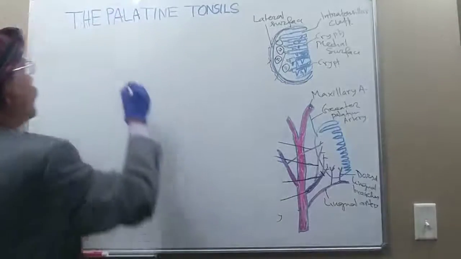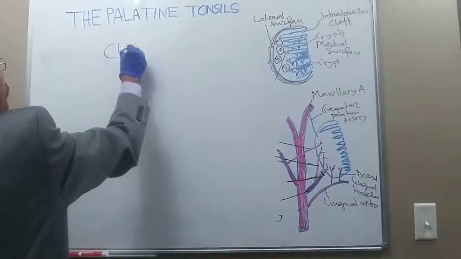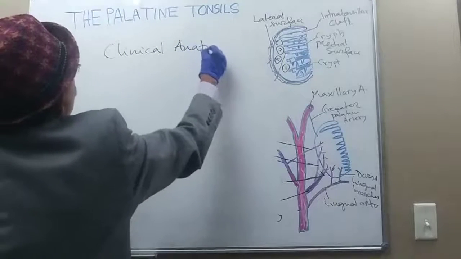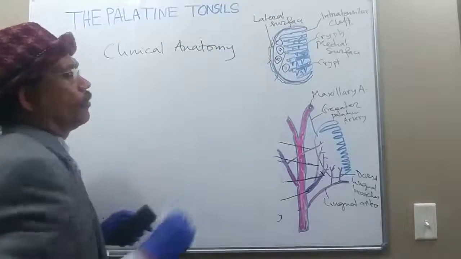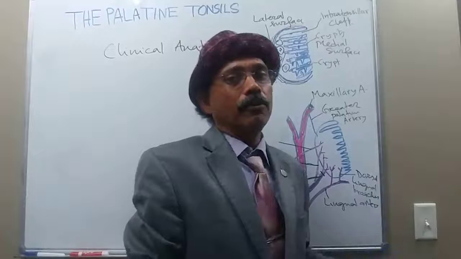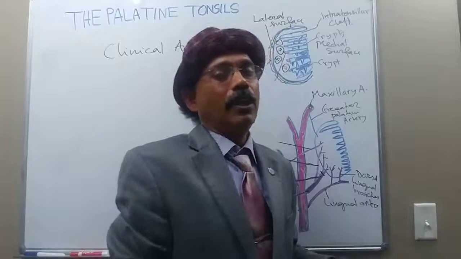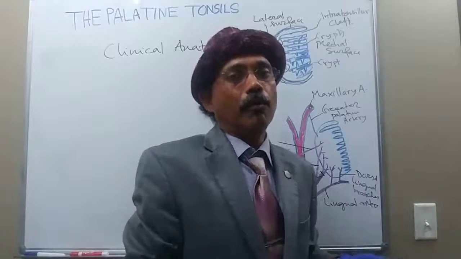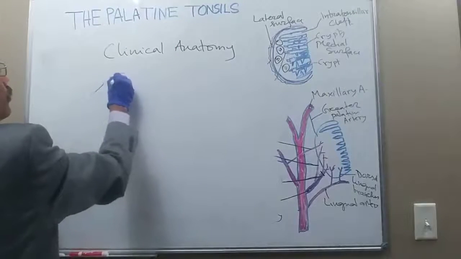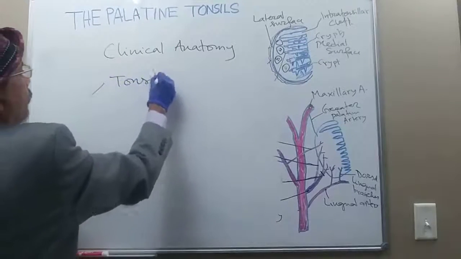Now we learn some of the clinical anatomy. Clinical anatomy is important to us because for a lot of us, our tonsils have already been taken out by the ENT doctor or otolaryngologist, and tonsillectomy is a very common practice. Okay. The tonsil is a site of inflammation. We call it tonsillitis.